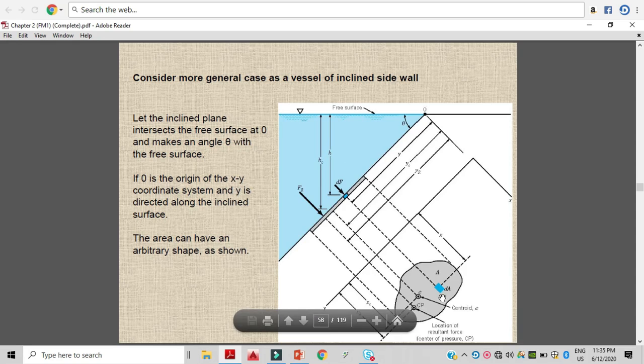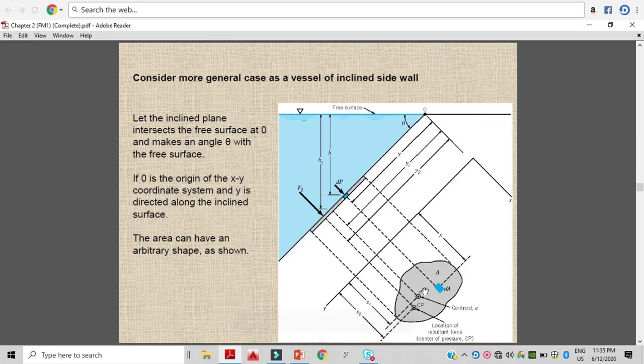Consider a small area dA on the arbitrary surface. The reason for considering a small area is that the area is irregular, and the force acting on this small area is dF. So if we integrate this small force over the entire area, we can determine the net resultant force acting on this surface.